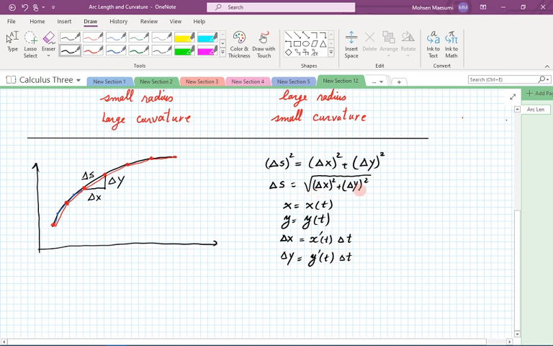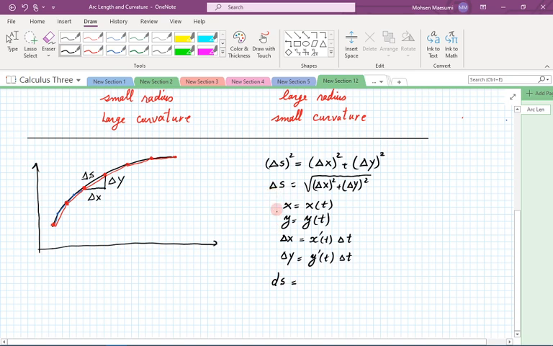When we stick these things inside this radical, take the delta t out, and also use the notation of differentials to get ourselves ready for integration, we are going to have ds.